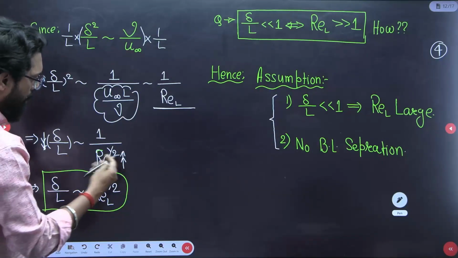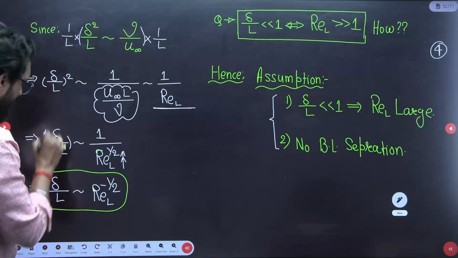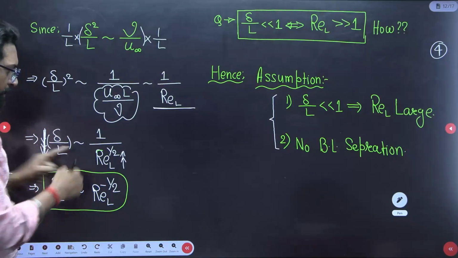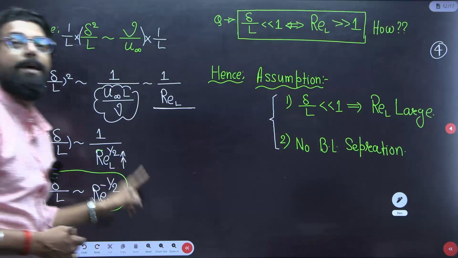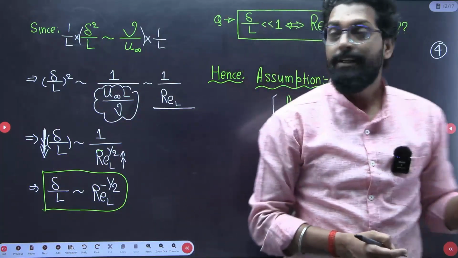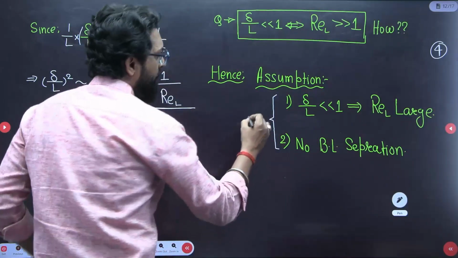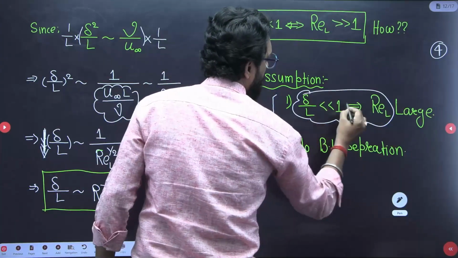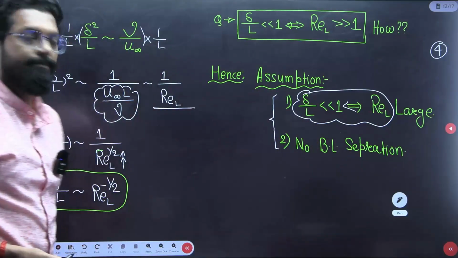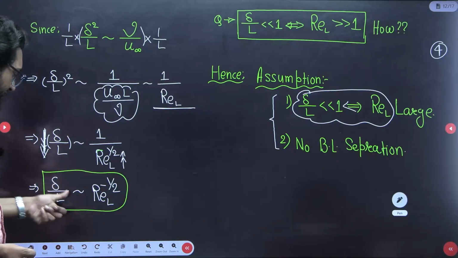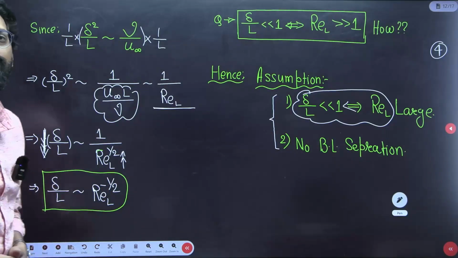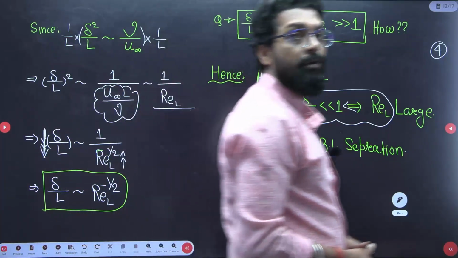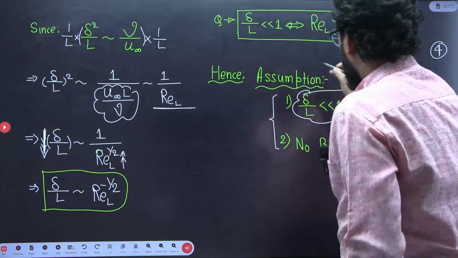So if we decrease delta by L to the minimum, the Reynolds number goes to the maximum. That is the proof. That means these two things are similar to each other. That means delta by L is the order of Reynolds number to the power minus 1 by 2. Clear?